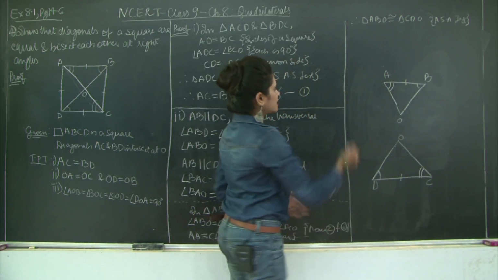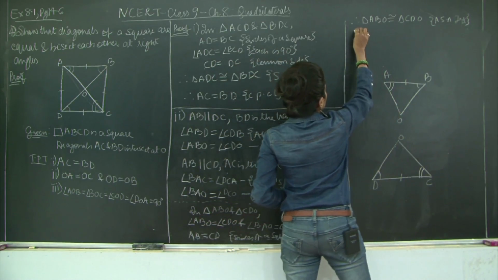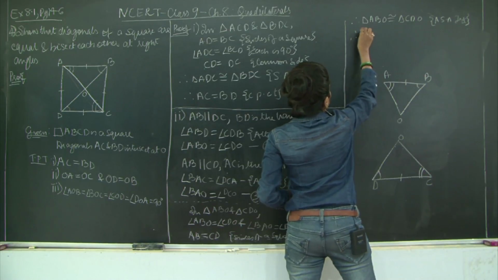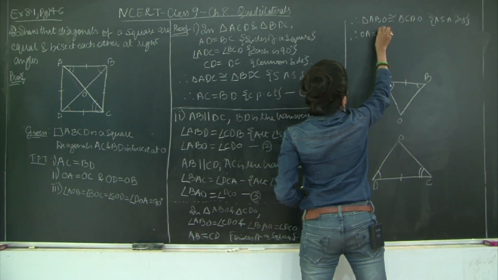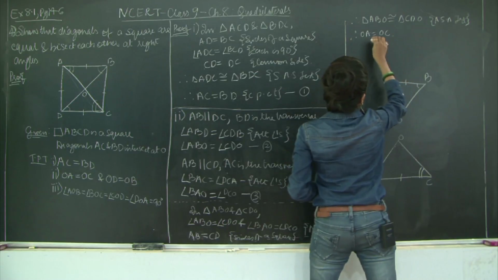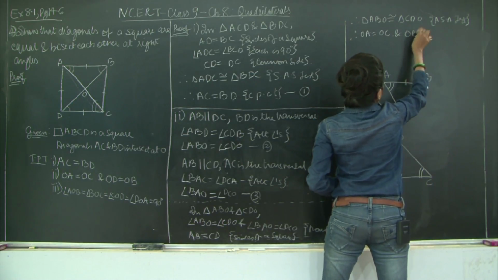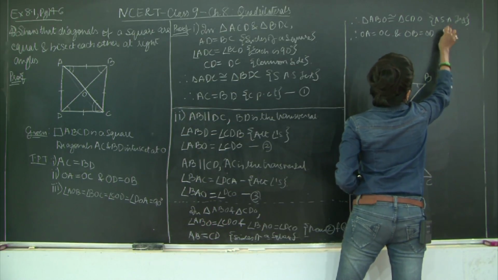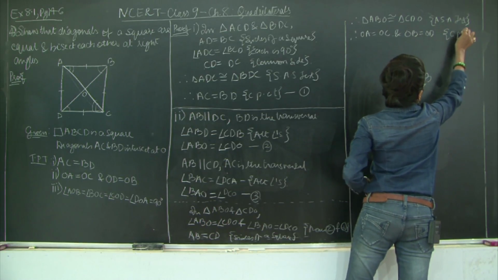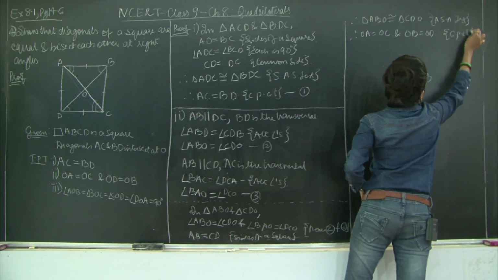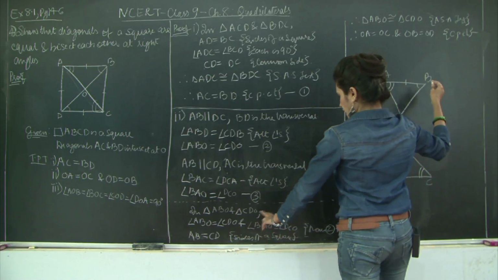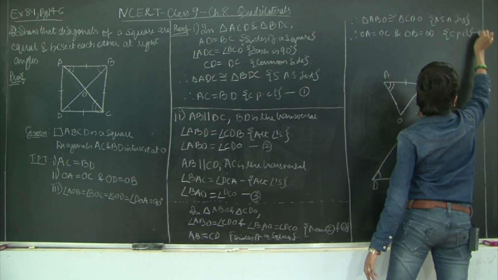Therefore, let's write down what is required. That is, OA is equal to OC and OB is equal to OD. Both are through corresponding parts of congruent triangles. And we have until 3, so let's mark this as 4.